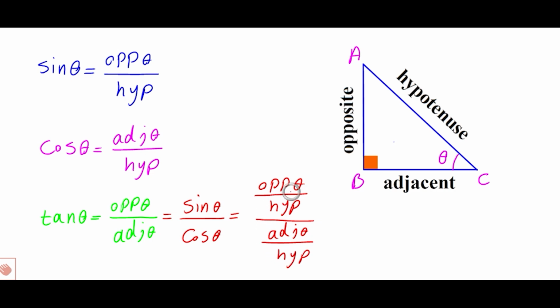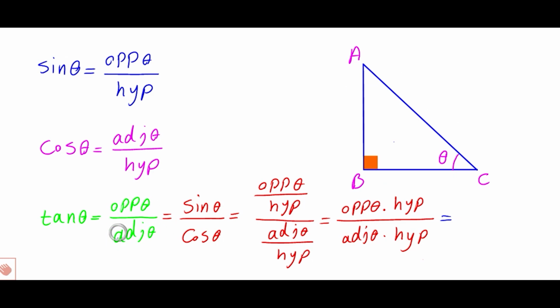Now we multiply far by far and near by near. So we have the opposite times hypotenuse divided by the adjacent times hypotenuse. Now these two simplify and we have the opposite divided by the adjacent.